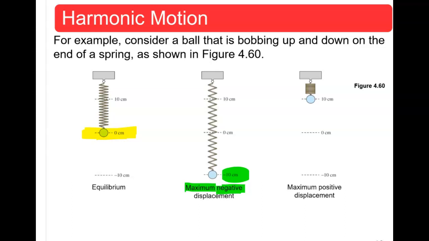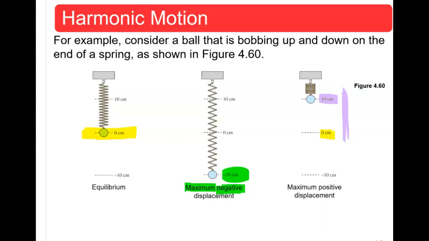And when the spring compresses or coils back up, that will pass through the initial point, the equilibrium point, but it will go all the way back to the top, and that will be considered the distance from here to here.